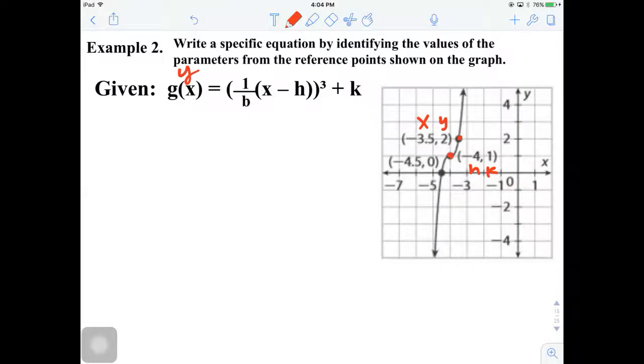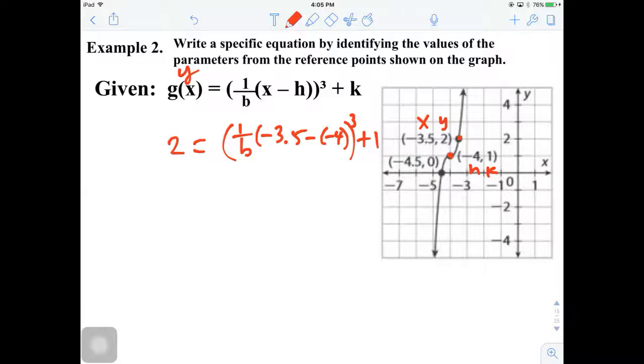Okay, so y, the value is 2. And then we have 1 over b because we do not know what the value of b is. And we have x is -3.5, and h is -4, so it's a -4, and that's cubed, and then plus k, that's 1.